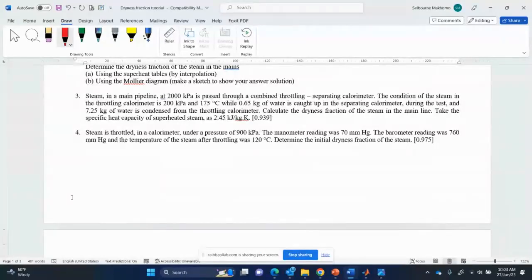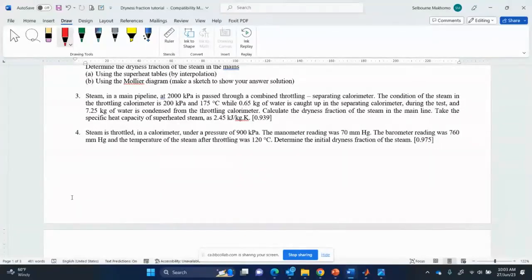But for question 5 and 6, because we are not given atmospheric conditions, that's why we used gauge pressures. So question 4 changes that scenario. It gives us atmospheric conditions. In other words, your P1 must be absolute. Your P2 must also be absolute.